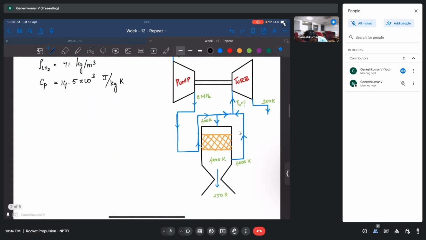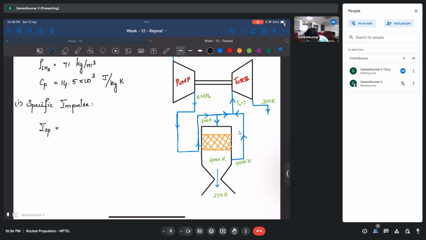Now the first question is, we need to find the specific impulse. To find the specific impulse, we can use the same formula.